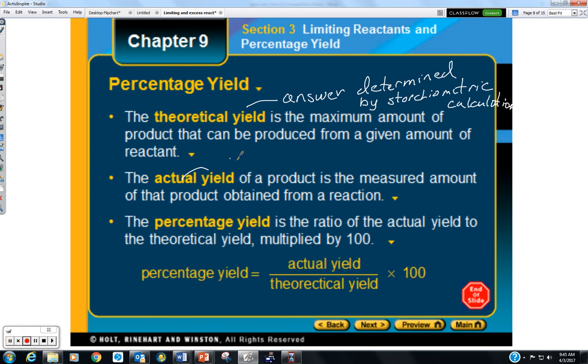Actual yield is the results produced in the lab. And percent yield is the comparison between the two. Does anybody need more time on this?